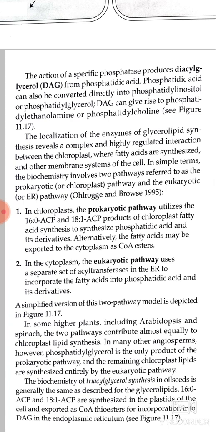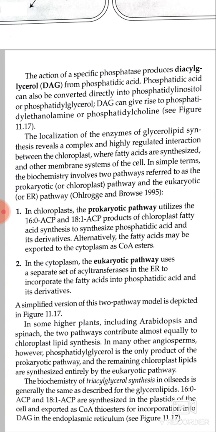Phosphatidic acid can also be converted directly into phosphatidyl inositol or phosphatidylglycerol. DAG can give rise to phosphatidyl ethanolamine or phosphatidylcholine.